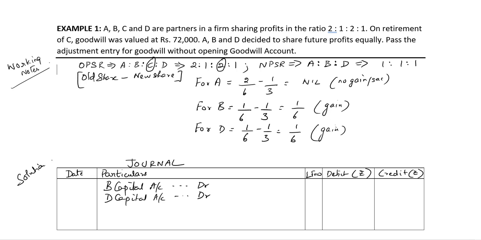Partner C retires and therefore he is a sacrificing partner. To C capital account. To get the amounts, we need to take the goodwill of the firm, which is 72,000, and multiply it with the gain or sacrifice of each partner.